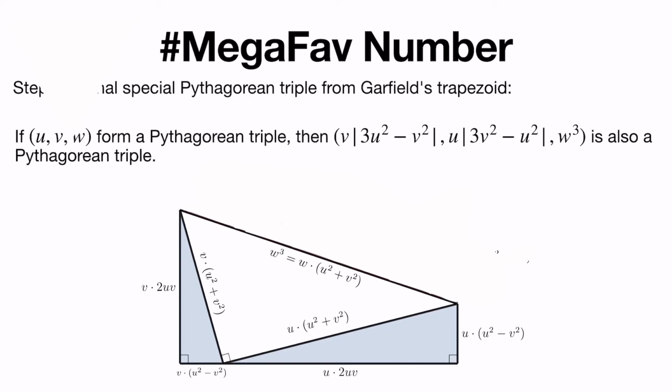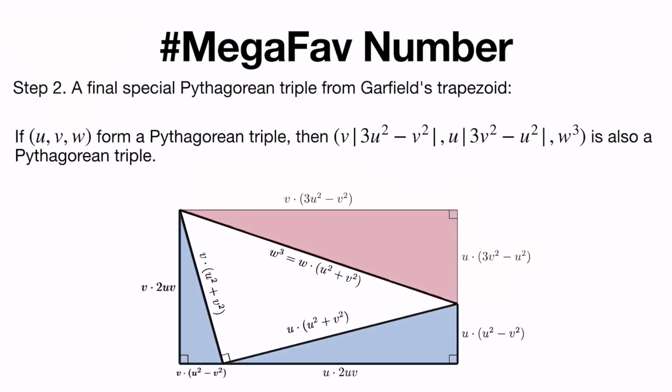If you look at the Garfield's trapezoid, you'll see that there's a missing triangle to form a rectangle. And when you fill in that right triangle, you get the right triangle that we're looking for, which has the Pythagorean triple that we're looking for. You can also verify this algebraically, but the visual is supposed to imply that this is the case.